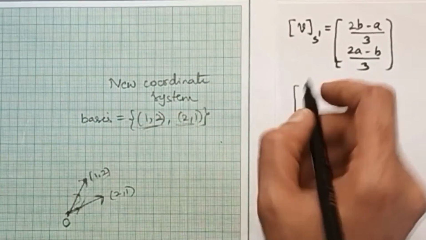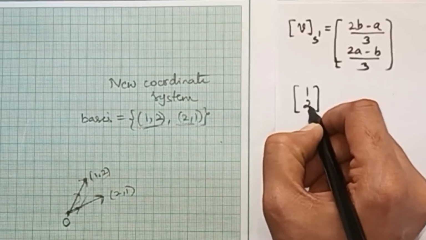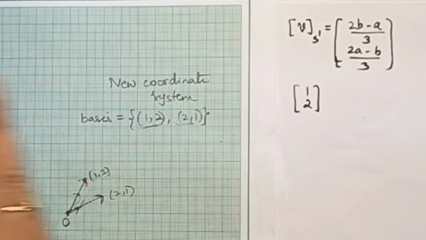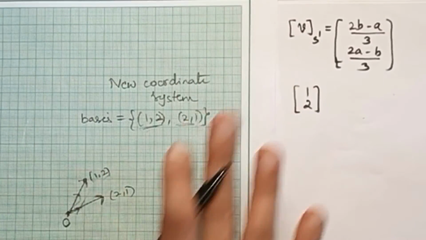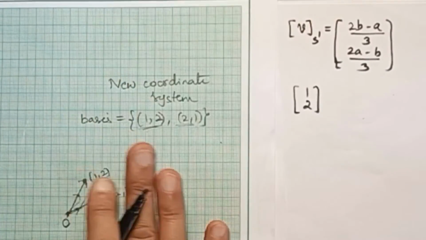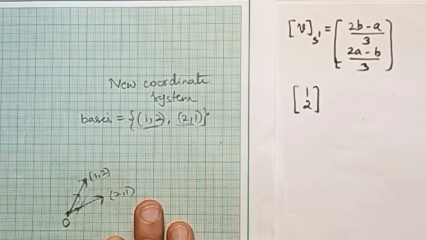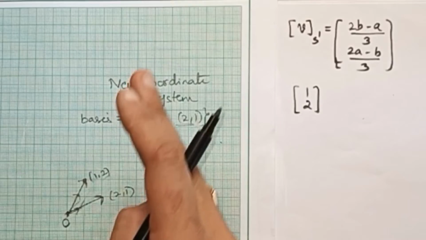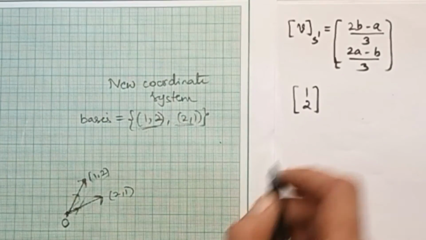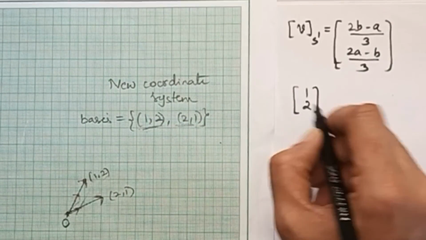Now the vector is (1, 2). This (1, 2) is in our language. You think that there is our language and this is somebody else's language. Just imagine this is some alien's language and that was our language, the standard coordinate system. Now we want to convert the information shared between these two systems. So (1, 2) is in our language.